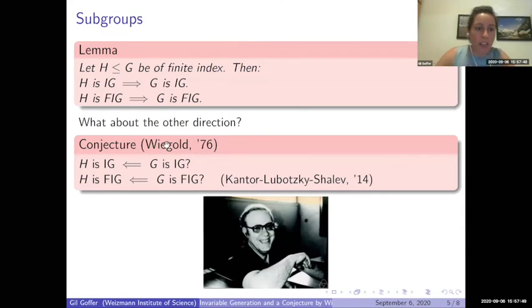We assume that the group G is FIG, which is the stronger of the two, so in particular it is IG. So we assume both of these assumptions, and we get that our subgroup H is non-IG, so obviously it's not FIG. So H is not IG and not FIG. This construction gives these two negative answers to Wiggold's and Cantor-Lubotsky-Shalev's questions.